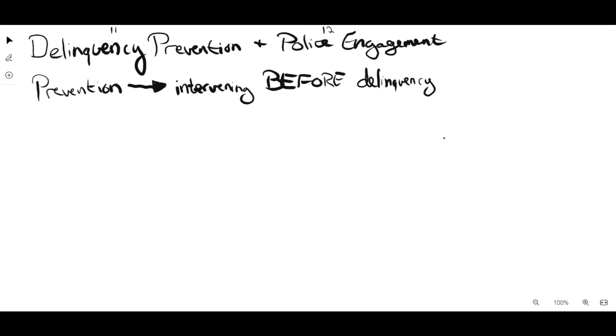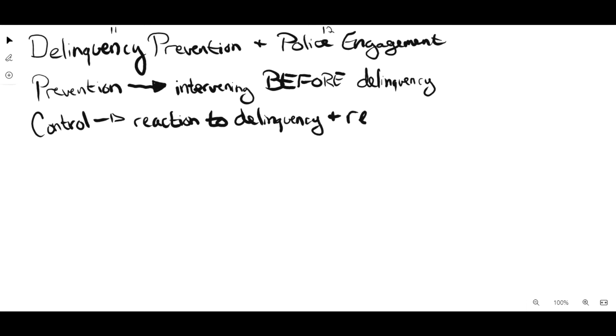And that's where we have this other issue, and that is delinquency control, which is something that this chapter in particular looks at. Control is reaction to delinquency and reducing delinquency.